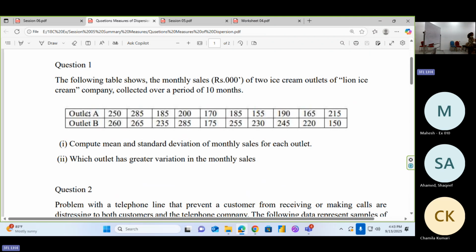Then enter the data and find the mean value.